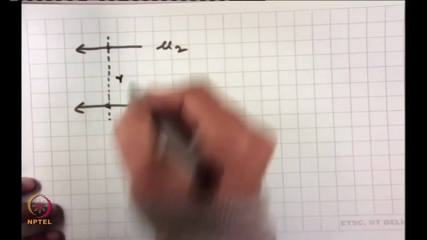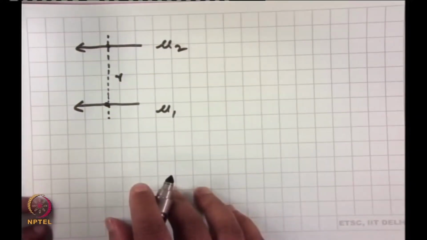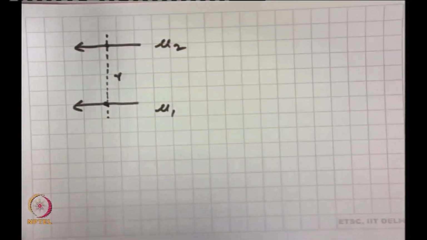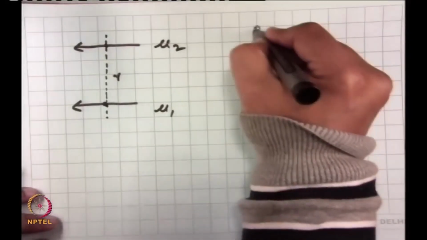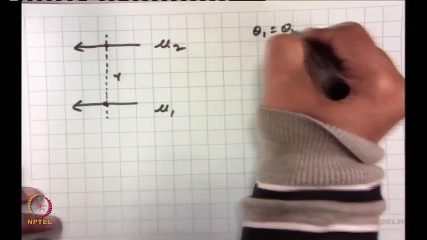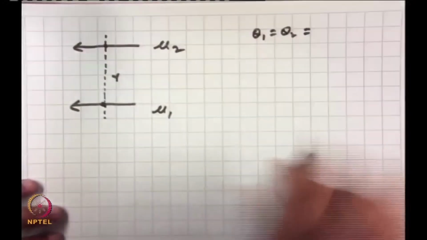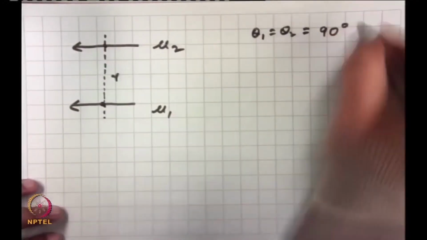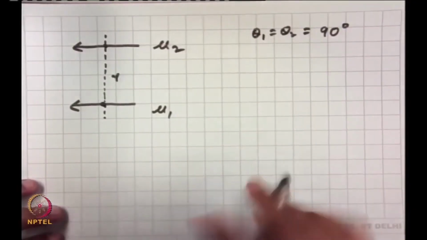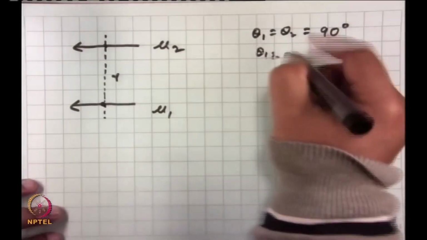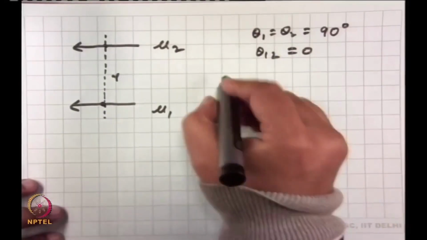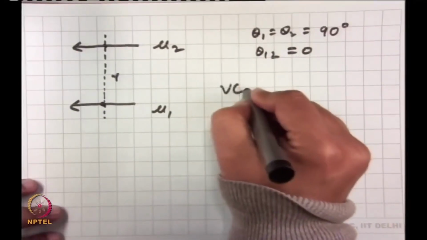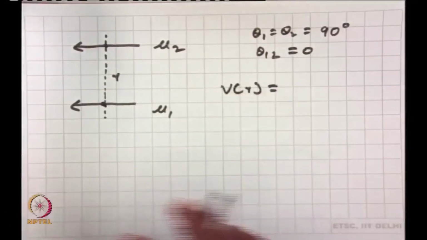And this is your R, okay, there is your R. Now tell me, what is theta 1 equal to theta 2 here? 90 degrees, okay. What is theta 1 2? Same, again parallel, 0. Now so what does V of R become now? Let us look at this expression.